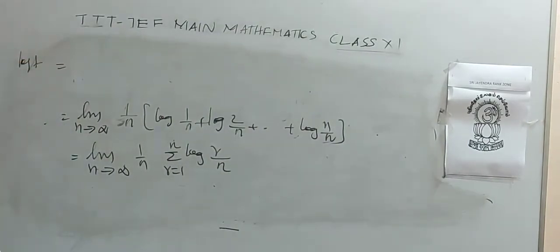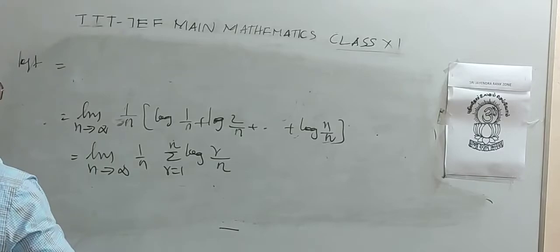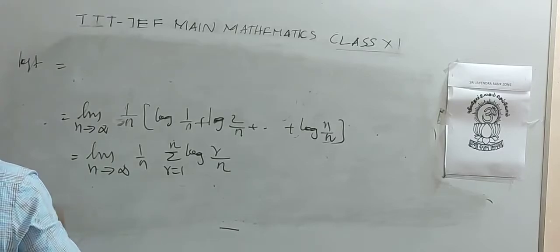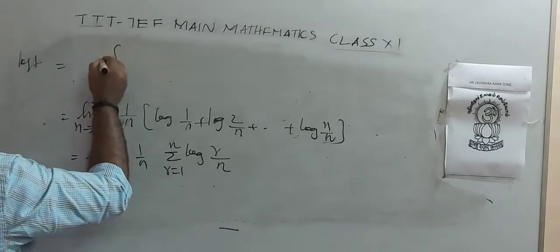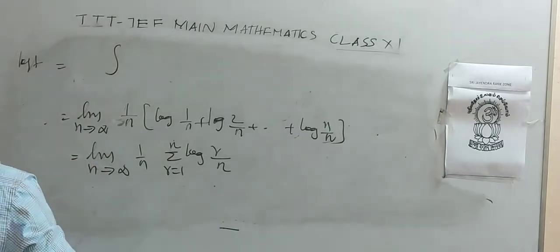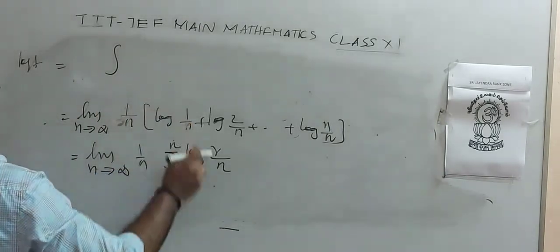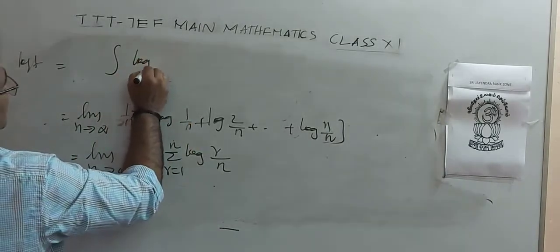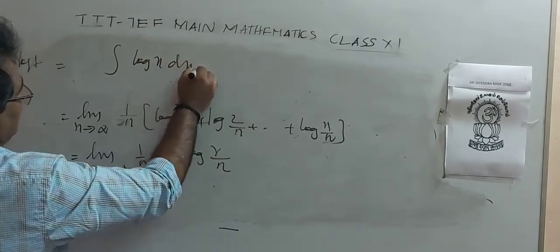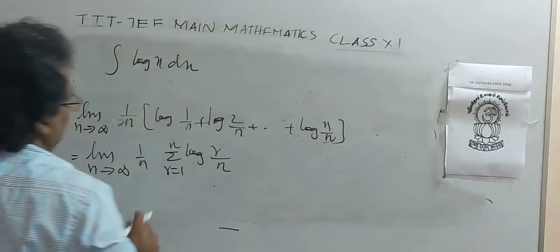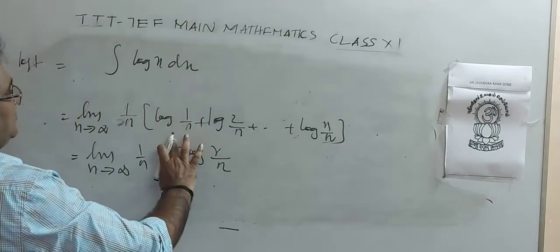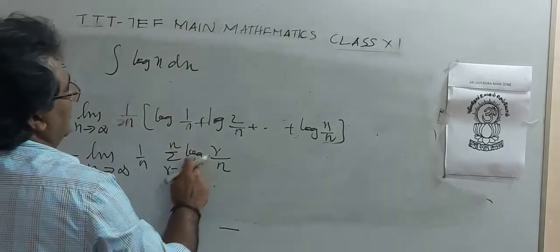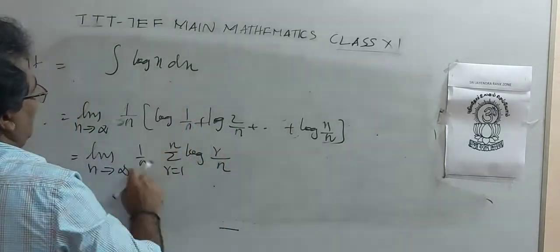Log a equal to integral log x dx. In place of summation, you take the integral sign, x in place of r by n, and dx in place of 1 by n.